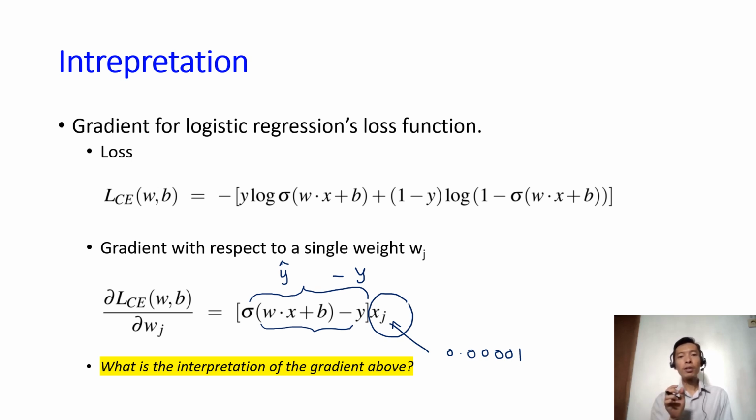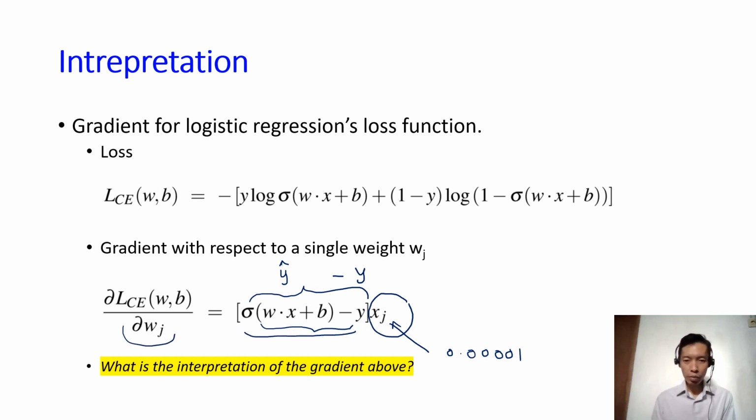Okay, so the gradient here consists of two types. First is how far we are from the actual label. And then second, the feature itself, is it large or is it small? Then we multiply these two values and it becomes the gradient of the loss function with respect to a particular Wj.